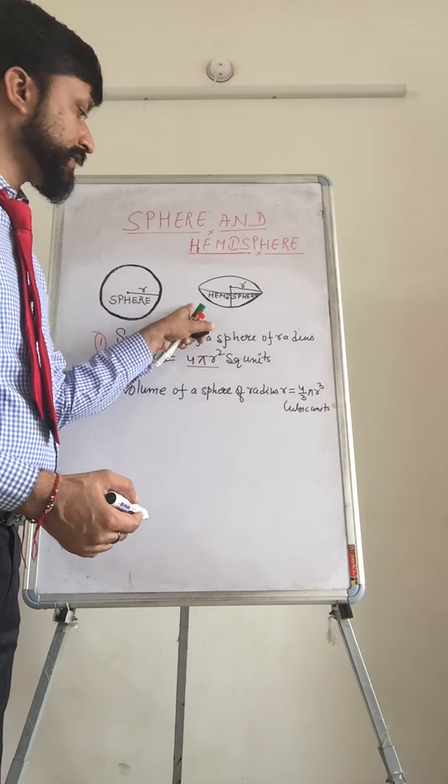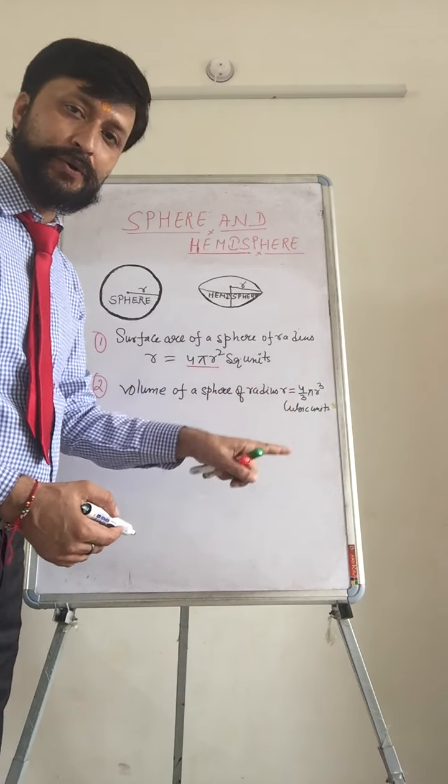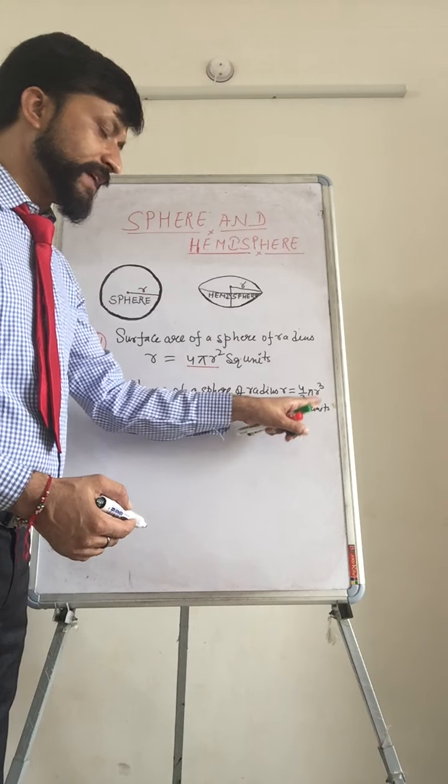If radius is given in centimeter, then it will become centimeter cube, or you can write cubic centimeter.